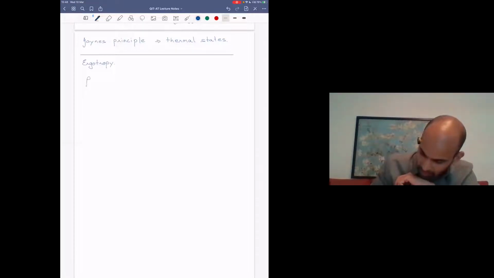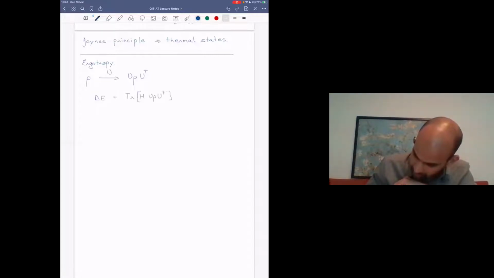So we know that if you have a density matrix rho and we do a unitary on it, you go to U rho U dagger, and that gives you a change in energy, delta E, of trace of H U rho U dagger, which is the final energy, minus trace of H rho. And what we will look at is minus delta E, which is the work extracted.